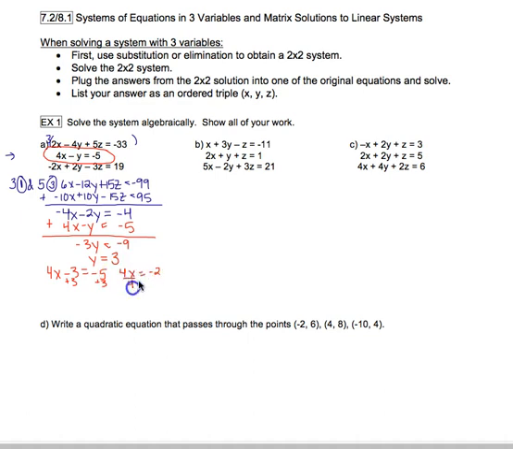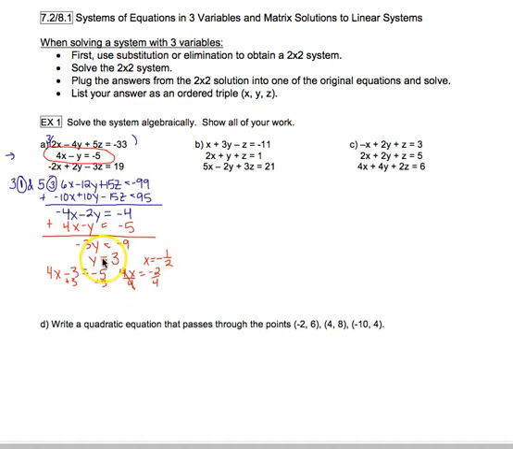And then divide by 4. Now, I always get people who just aren't paying close attention who might say this is negative 2. Look at what your numerator and denominator are. The 4 is in the denominator, the 2 is in the numerator. So this is not negative 2, this is negative 1/2. So x equals negative 1/2.